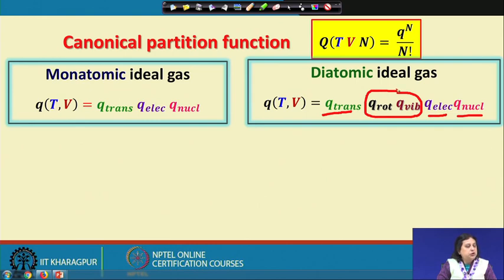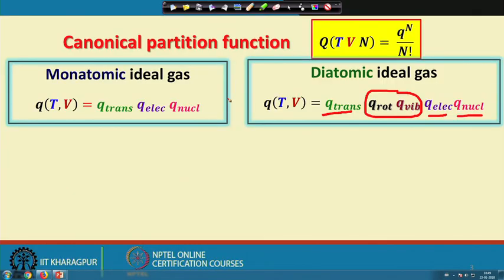Therefore, we could highlight how this difference in underlying chemical structure of the two systems will affect the overall small q, that is the single particle canonical partition function, and hence affect the capital Q, that is the total canonical partition function.